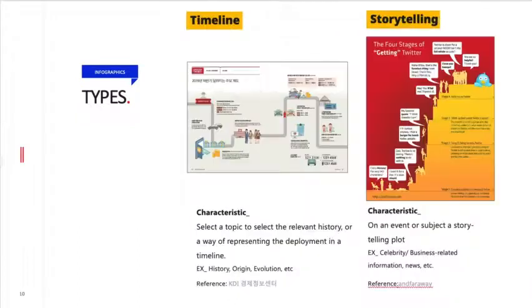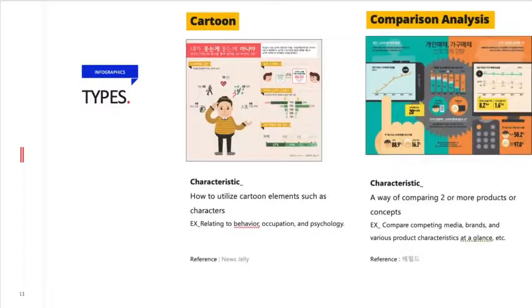Next is timeline and storytelling. The timeline is a method of selecting a topic and showing the history and the development patterns in the form of a timeline. Storytelling is a style that seems to tell a story about events or topics. The following are cartoon and comparative analysis.